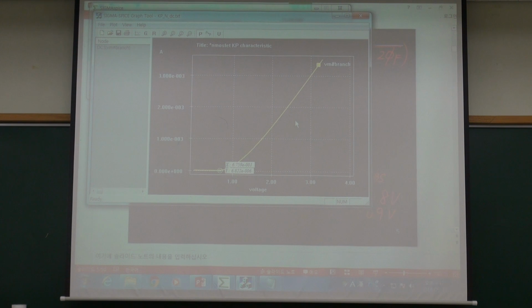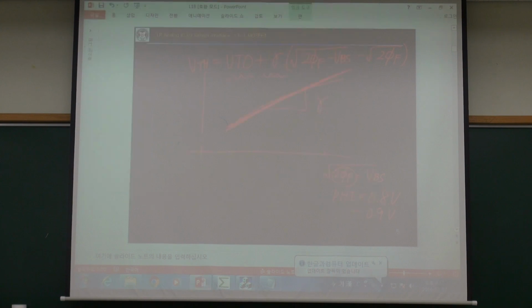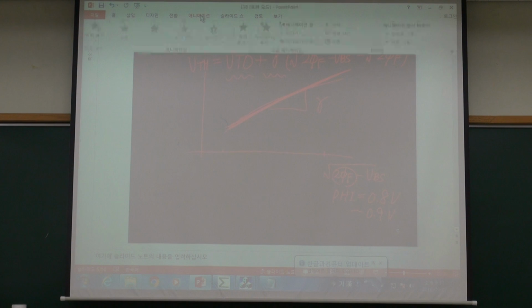So you can draw square root ID. Yeah, so the current equation, this is VGS equal VTH, right?